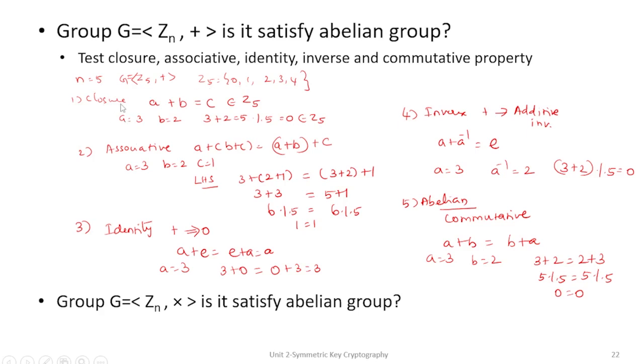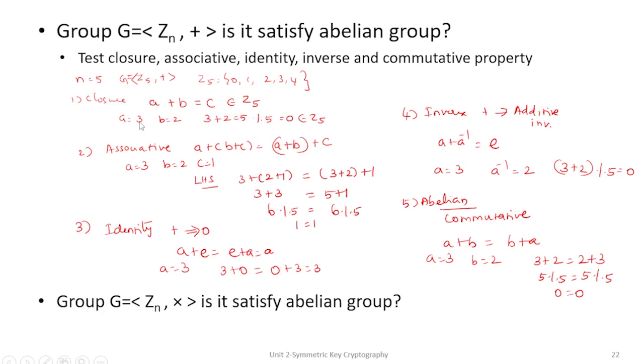Then the first property is the closure property. The meaning of closure property is that if you do an operation between two variables with the binary notation, the resultant answer should also be available in the set of residues. Here we are taking the addition operation. A plus B equal to C, then that answer C should also be available in Z5.